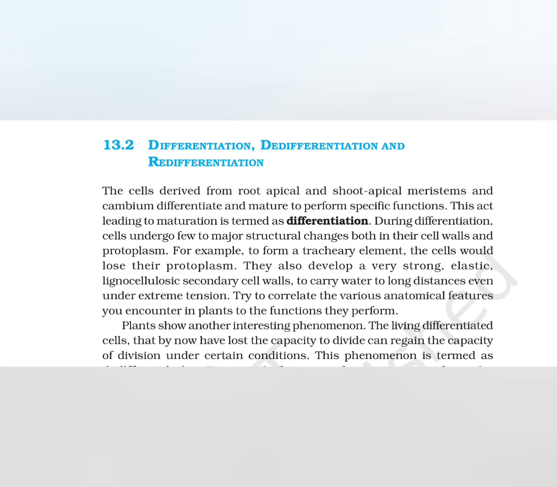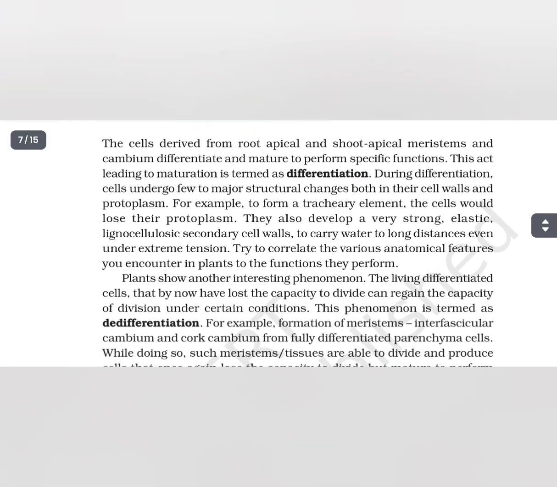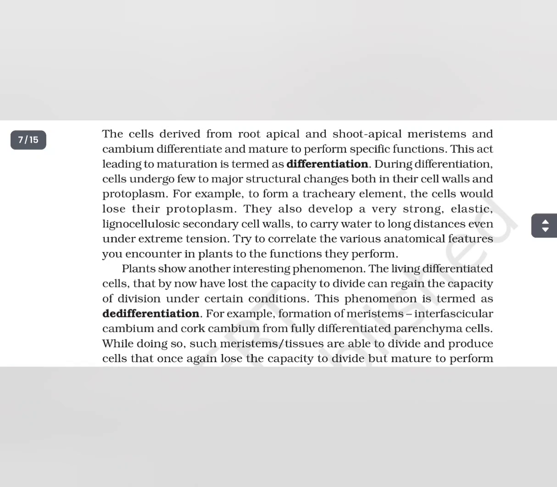For example, to form a tracheary element, the cells would lose their protoplasm. They also develop a very strong, elastic, lignocellulosic secondary cell wall to carry water to long distances even under extreme tensions. Try to correlate the various anatomical features you encounter in plants to the functions they perform.